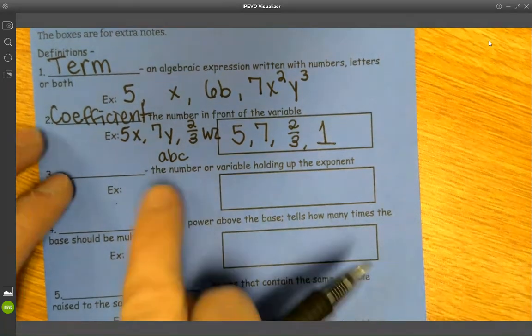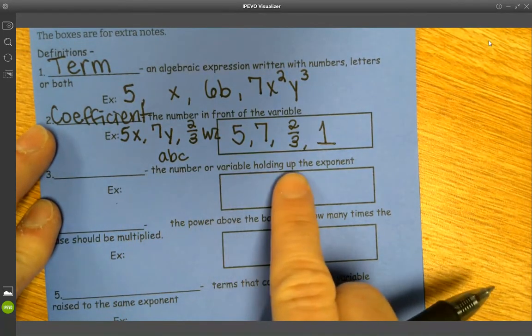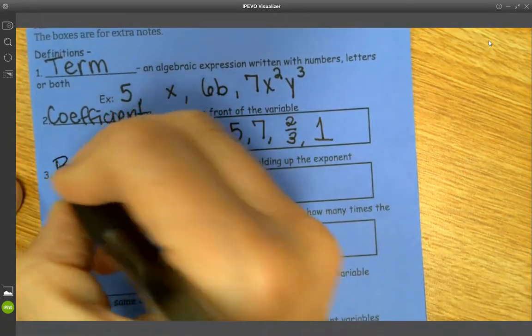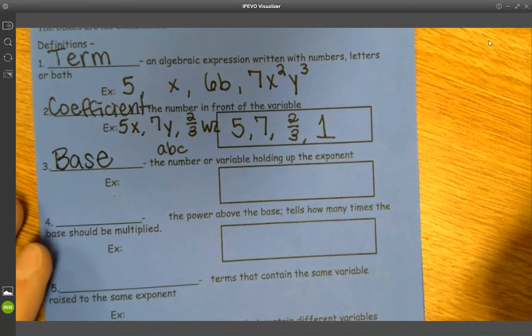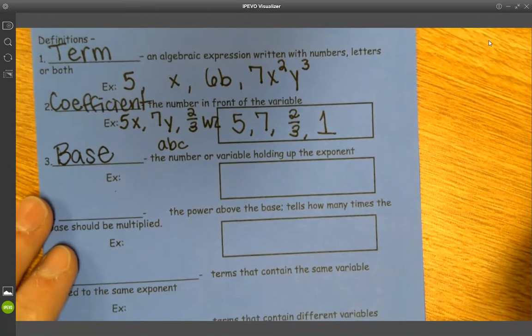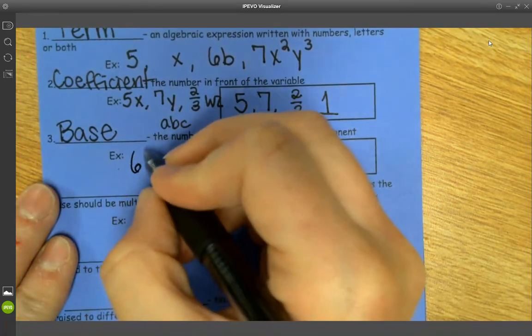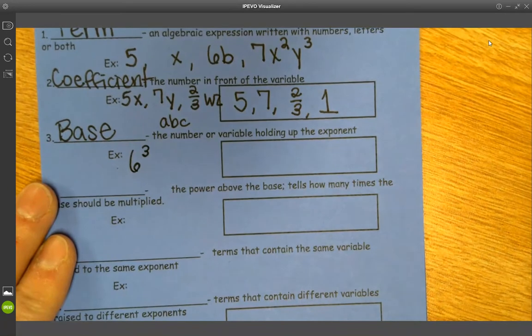Okay, the next word, the definition is the number or variable holding up the exponent. So this is called the base. So if I have the example of 6 to the 3rd power, the base is the number holding the exponent up.